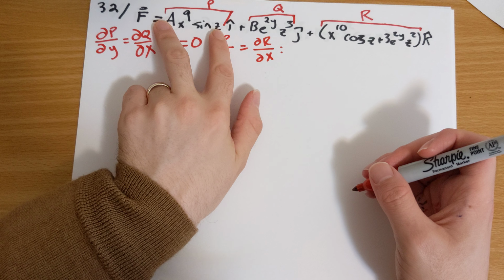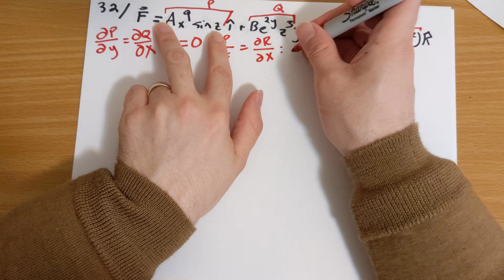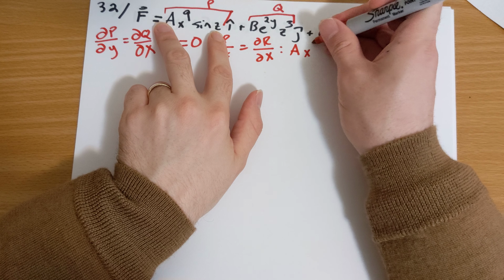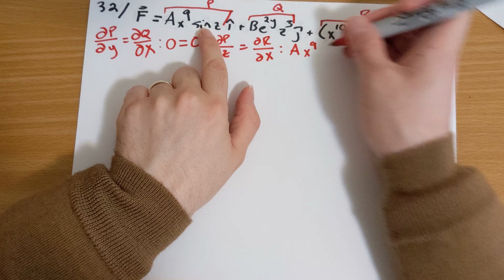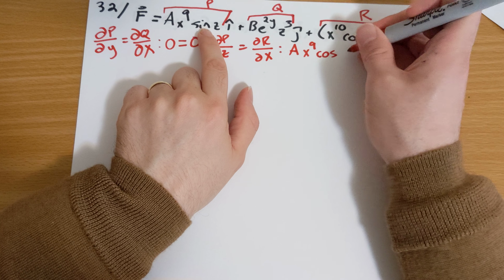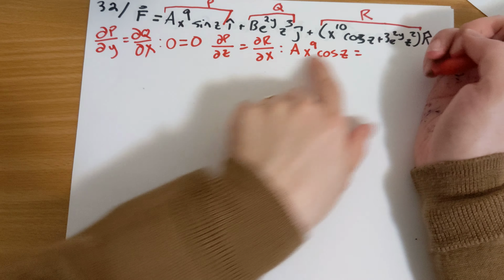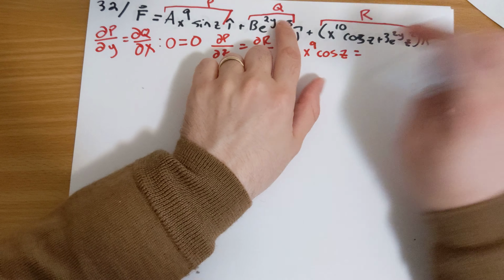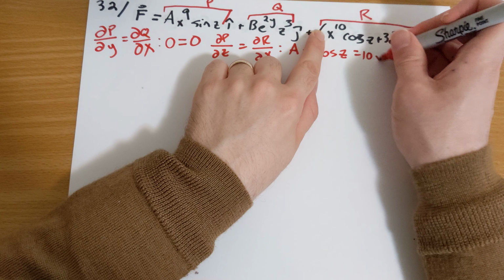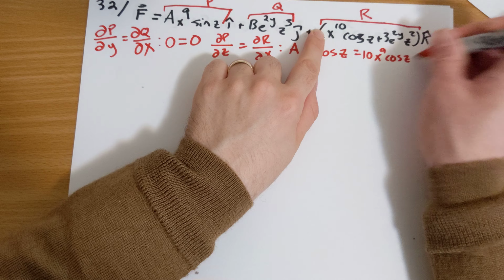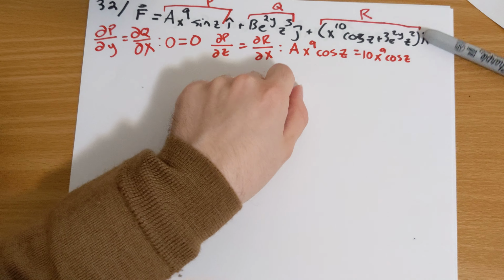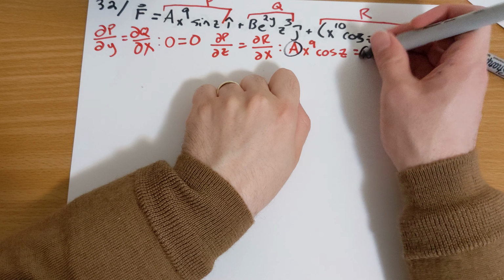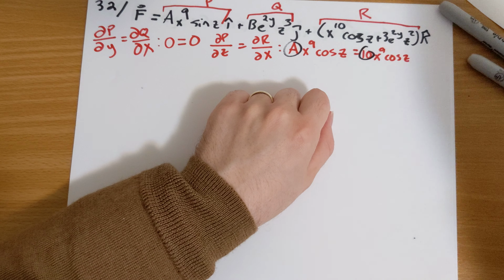The partial derivative of P with respect to z will be A x to the 9th times sine z. The derivative of sine z with respect to z is cosine z. The derivative of this with respect to x will be 10x to the 9th cosine z, and that's 0. So what do we observe here? A has to equal 10.